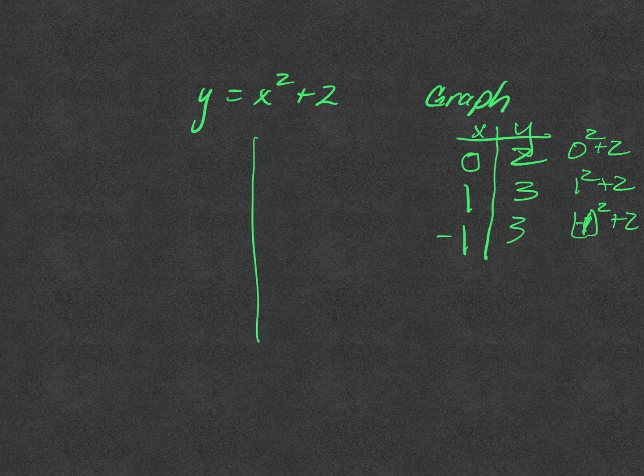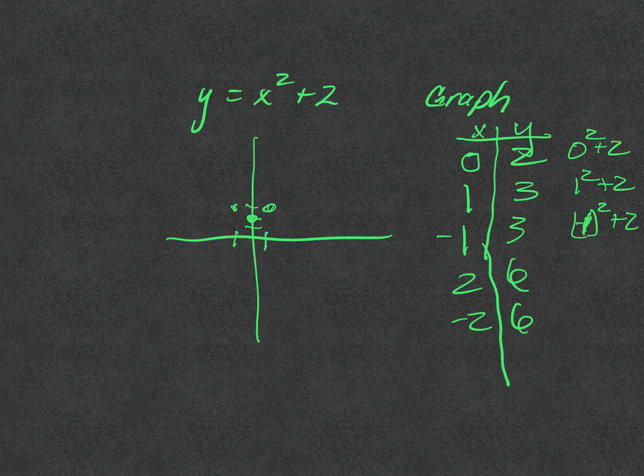And we could go ahead and find some more points. Now, typically, they ask you to find 5 to 7. So if we plug 2 in, we'd get 6. Negative 2, we'd get 6. And so the graph of this would look like (0, 2), (1, 3), (negative 1, 3), (2, 6), (negative 2, 6), and you would get a curve that looks something like that.